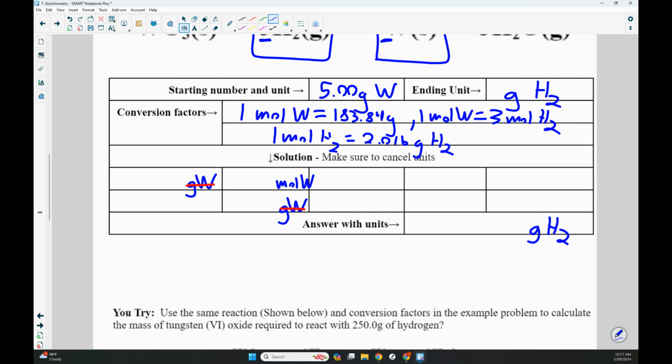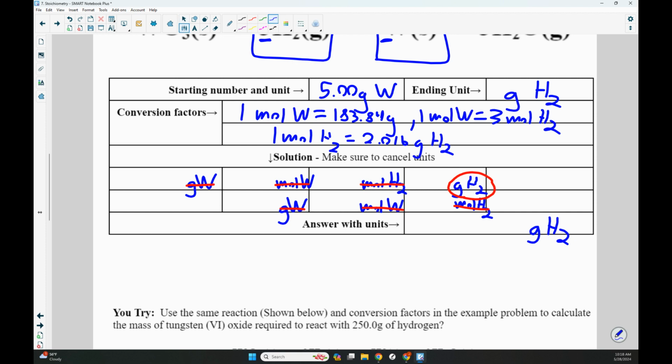And then we're going to have to convert from moles of tungsten into moles of hydrogen using the mole ratio. And when we align it like that, we can cancel out moles of tungsten. And finally, we're going to need to convert from moles of H2 to grams of H2. And if we set it up like that, we can cancel out moles of H2, leaving us with that.